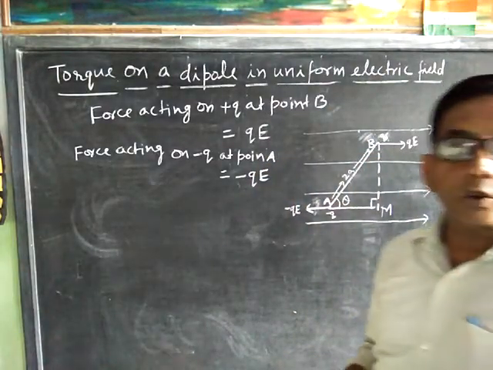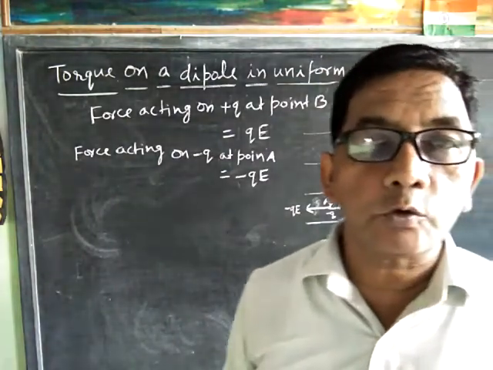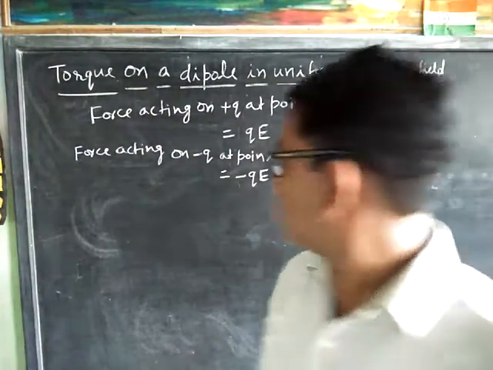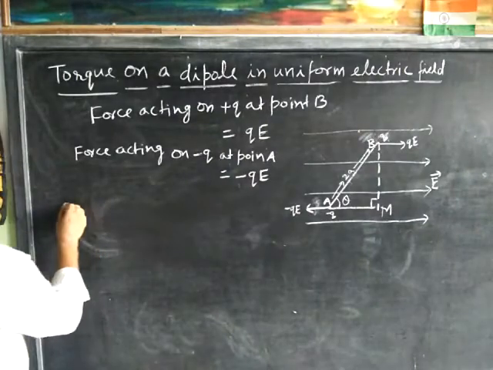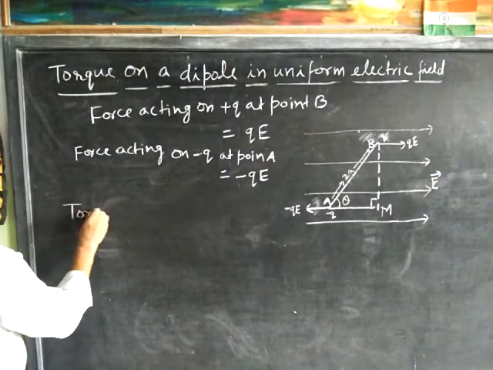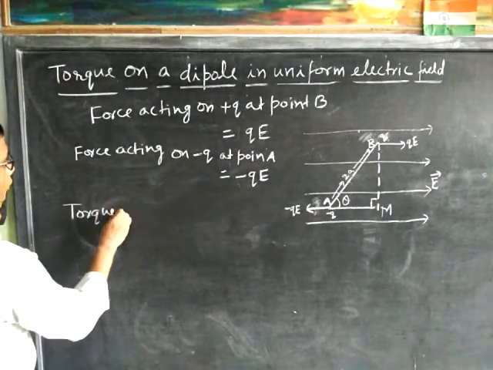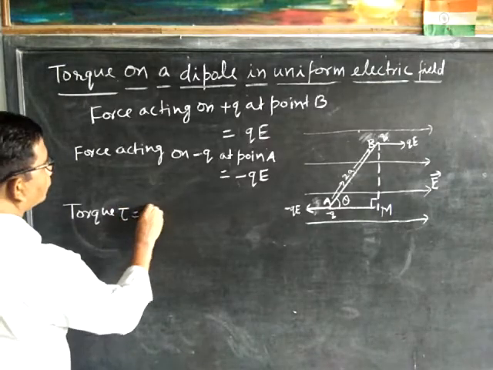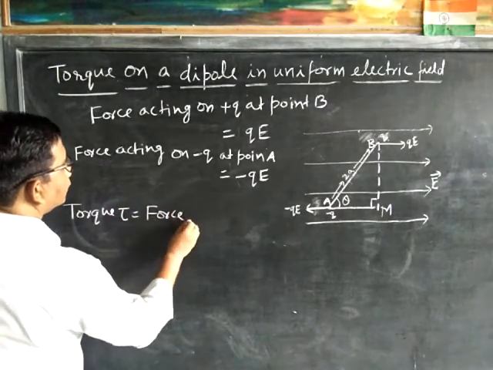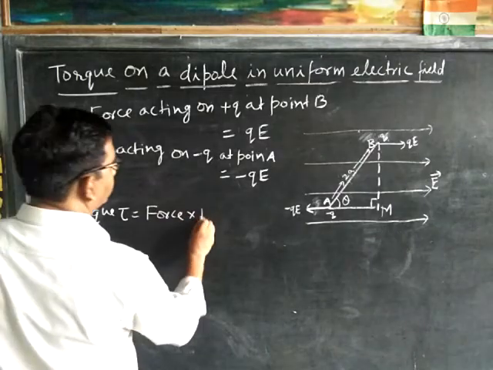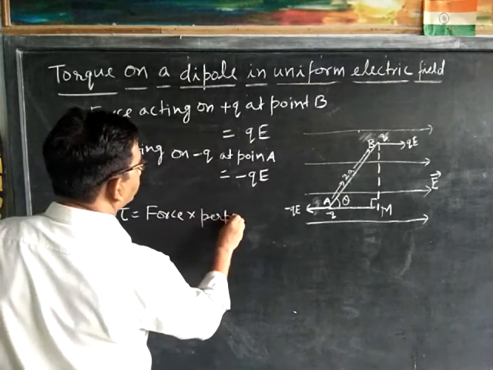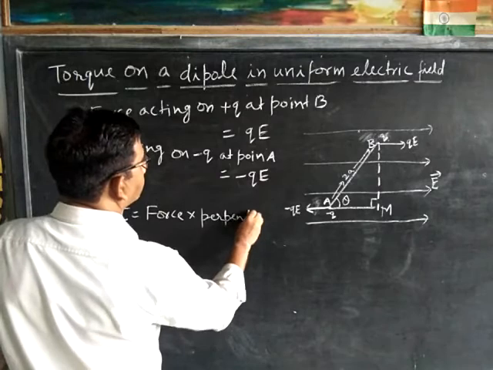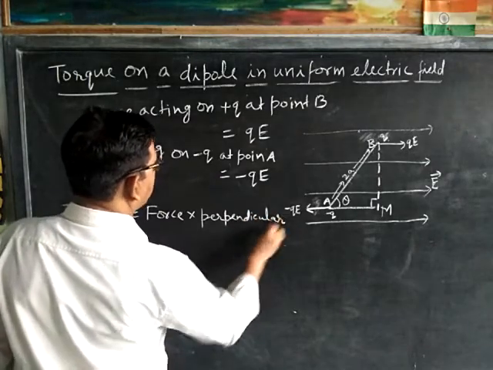You know torque is the turning effect of the force. Thus torque tau is equal to force into perpendicular distance.